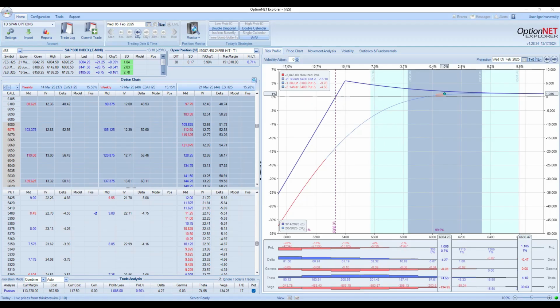And the strikes were, I was long 5,400, short 5,100. It's a 300 point wide put debit spread. And I sold 2 of the February 24th 55.50 puts for $20.50.